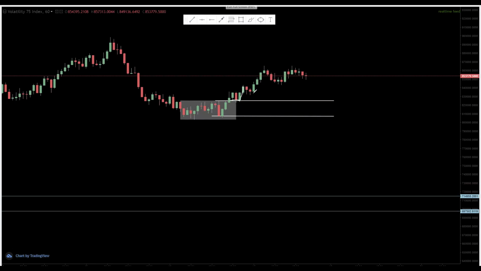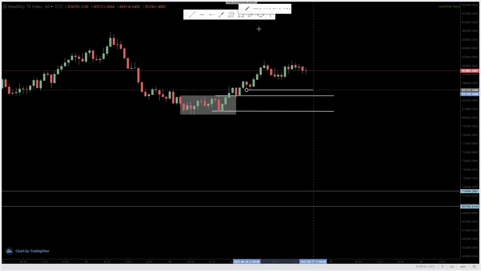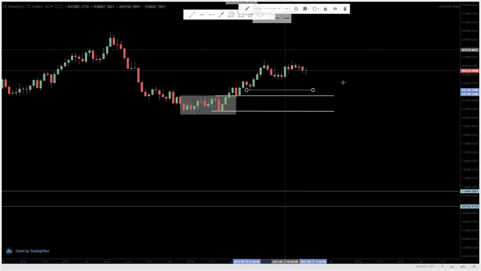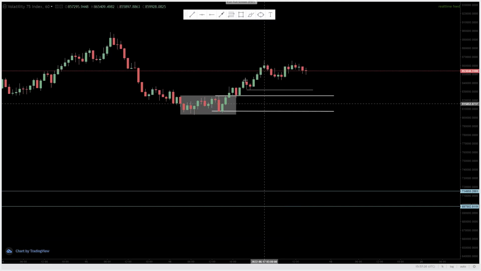It pushed again. The market created another bullish order block, which is this one.